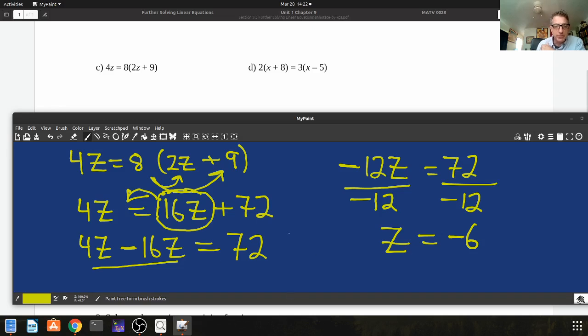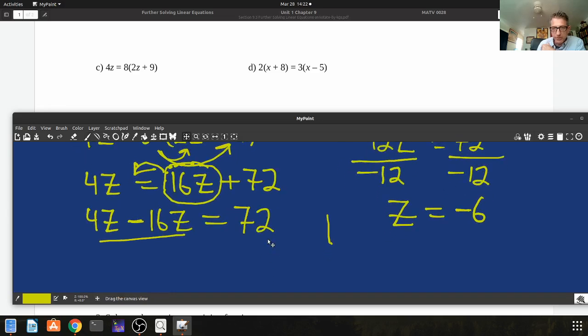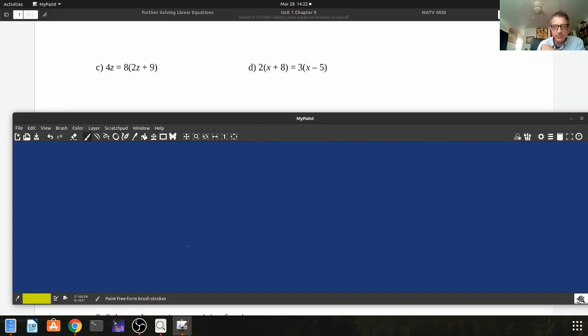Okay, let's continue on. So the next problem, number D, we're going to start out with 2 times x plus 8 is equal to 3 times x minus 5.